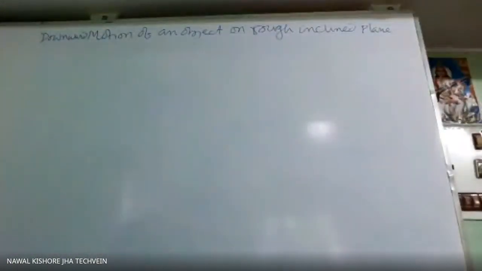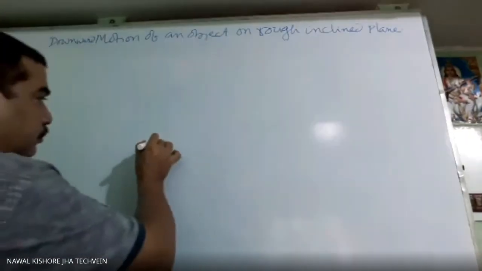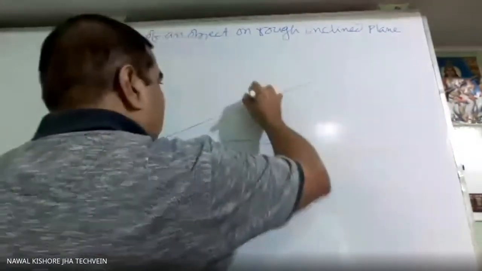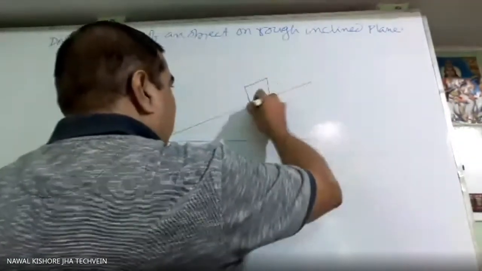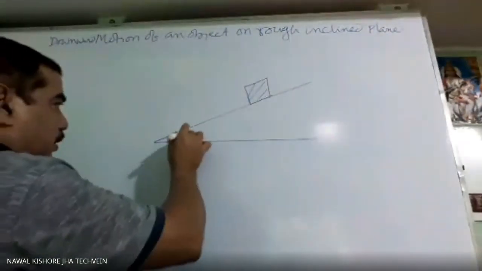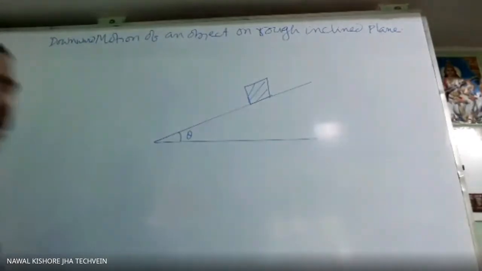So if the plane is rough, the same way we discuss. Suppose this is the object which is placed on a rough inclined surface and it makes an angle theta.